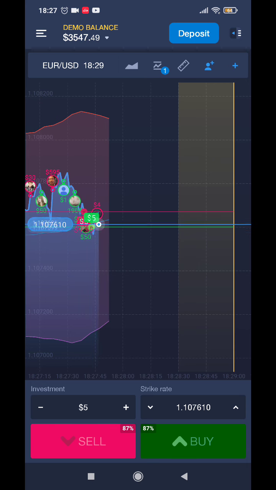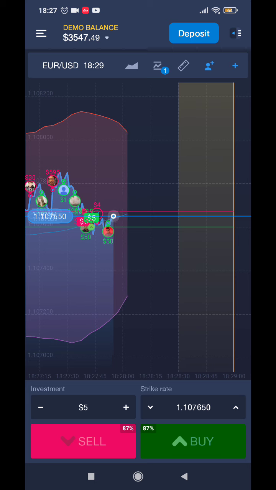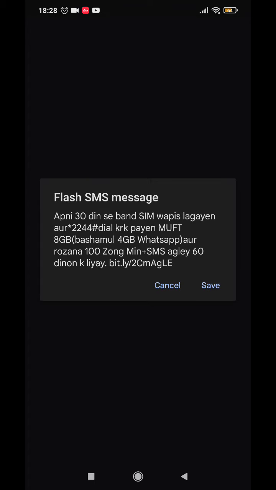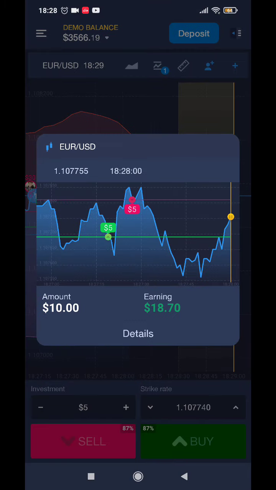Let's see what happened. What's happening? Market going up and down. I don't know what happened. $18.70 earning from $10 amount.